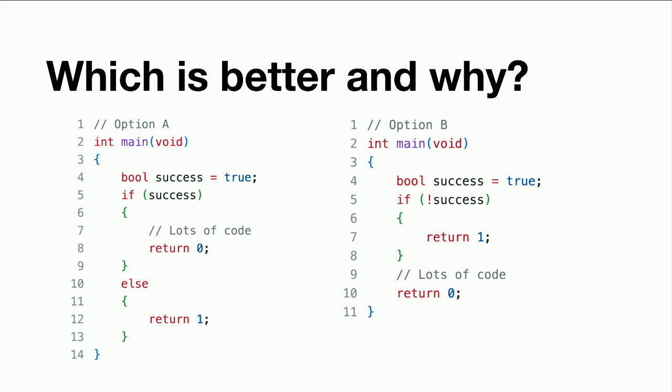If it's not true, then we might have some exit case, like you should just stop the program immediately. And so adding that as a guardrail at the beginning, before you have your lots of code, is arguably easier to tell what's going on here, and because it is a little bit more succinct here, we're avoiding that extra else case. Okay, great.